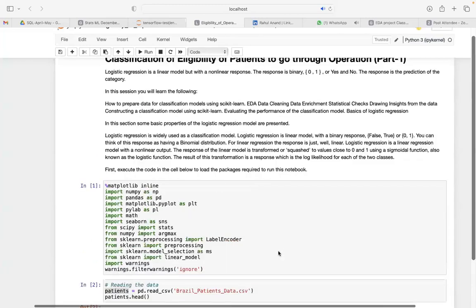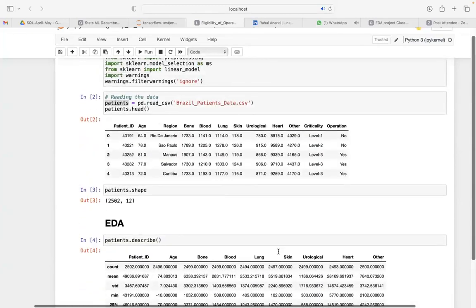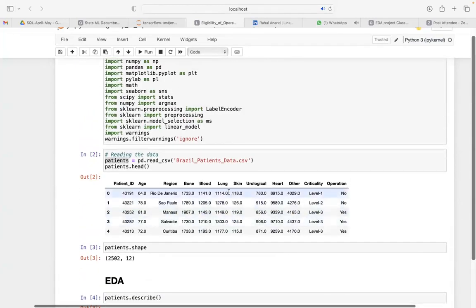Yes, that's correct. So in simple terms, if I compare this data, 1114 and 118, and feed it directly to your model, it will give more importance to this number because it's a higher number. My machine learning model understands mathematics, but it will see that this number is higher and this number is lower. So lung 1114 will be given more importance than skin 118. But do you think this should be the case?